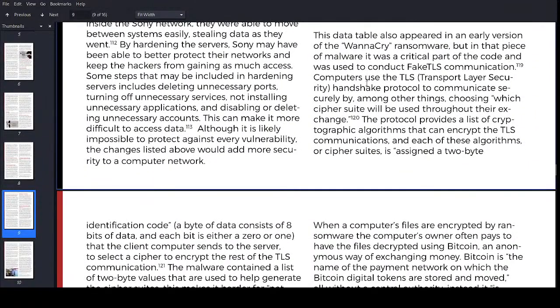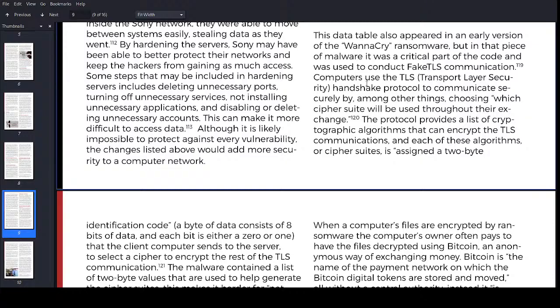The data table also appeared in an early version of the WannaCry ransomware, but in that piece of malware, it was a critical part of the code and used to conduct fake TLS communication. Computers use the transport layer security handshake protocol to communicate securely by, among other things, choosing which cipher suite will be used through their exchange.